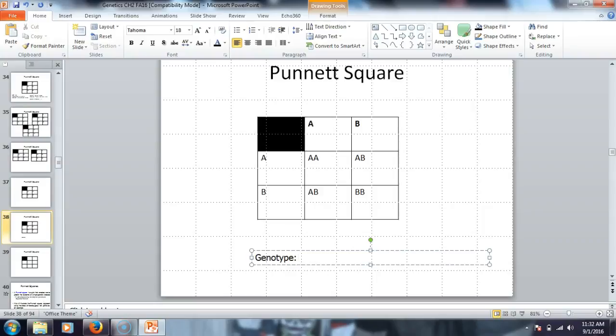So we end up with one AA, two ABs, and one BB. But phenotype, we end up with one type A, two type AB, and one type B.